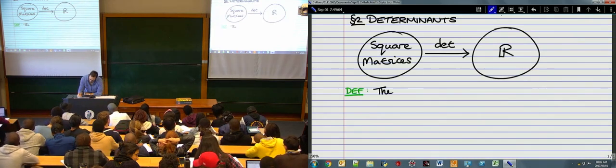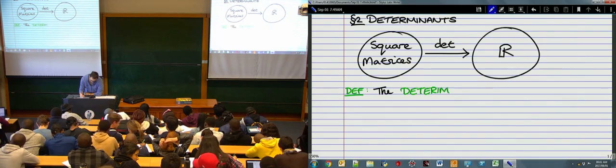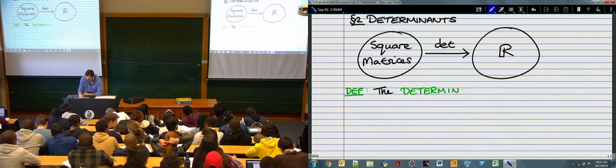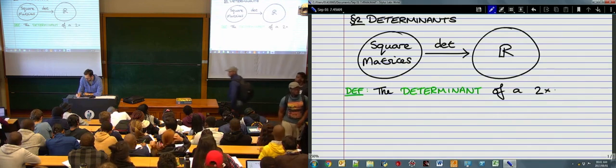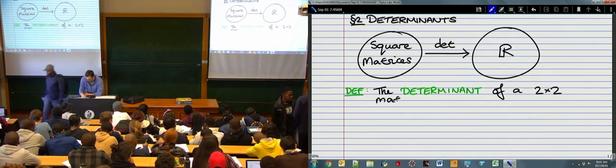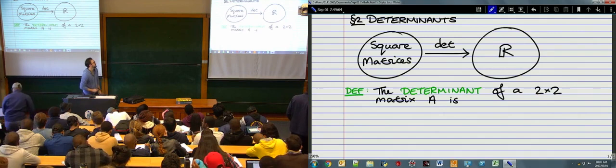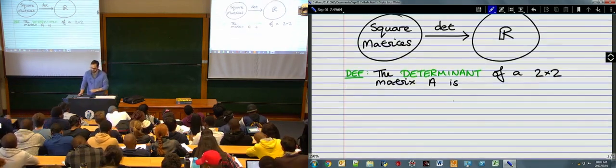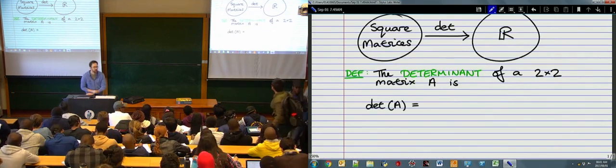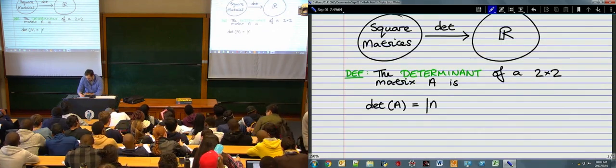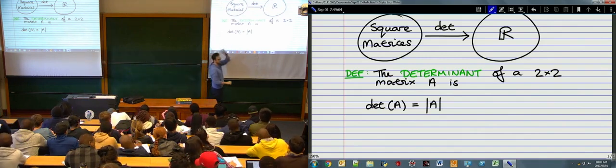So the determinant of A, the notation we'll use is we'll write down det A, and we will sometimes also use this notation, just sort of absolute value of A. Although it's not an absolute value, it's a determinant.